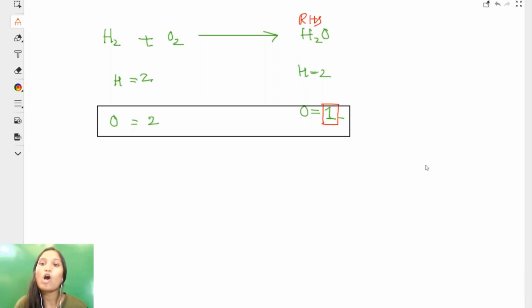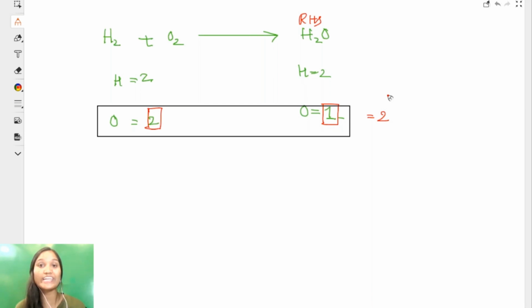But now, what is the target number of oxygens? How do I equalize? Look at the other side. There are two oxygens. I anyhow want two oxygens as the answer, right? Target is to get two oxygens. We already have one oxygen. Remember, no additions. Only and only multiplication.